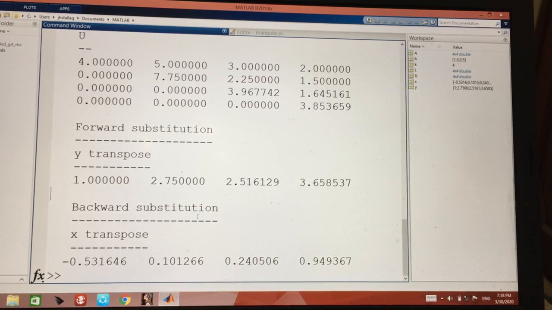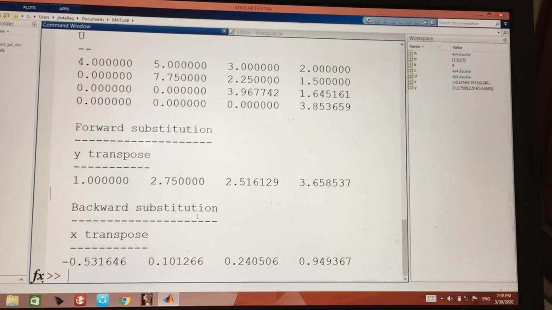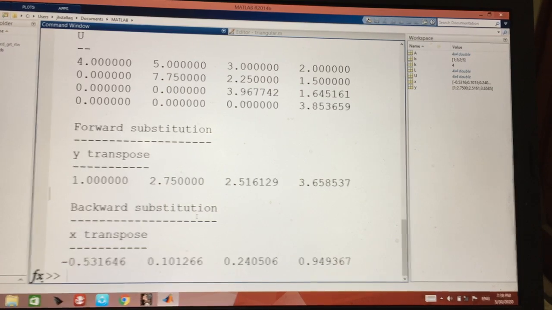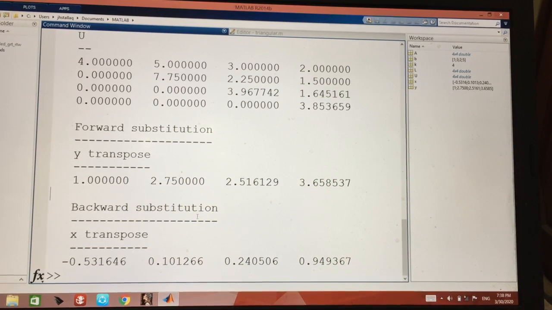Then x3 is equal to 1 over u33 times y3 minus u34 times x4. And to calculate x2, it is 1 over u22 times y2 minus u23 x3.